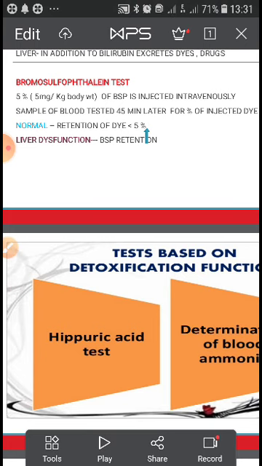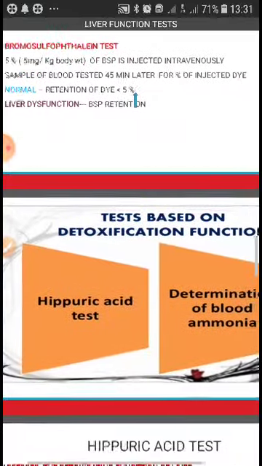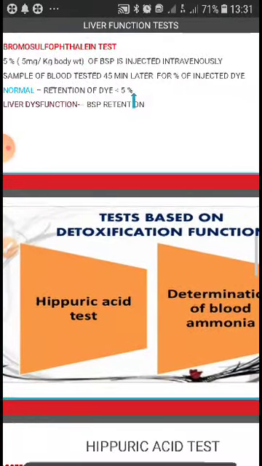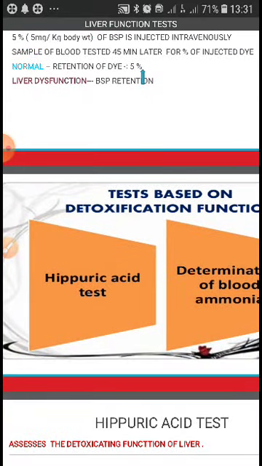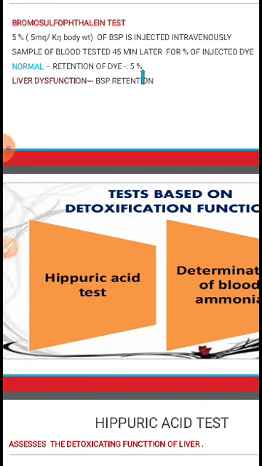In this case, 5 mg per kg body weight of BSP is injected intravenously. The sample of blood is tested 45 minutes later to get an estimate of the percentage of injected dye. In the normal case, the retention of dye is less than 5%, whereas in liver dysfunction, the BSP retention is increased.